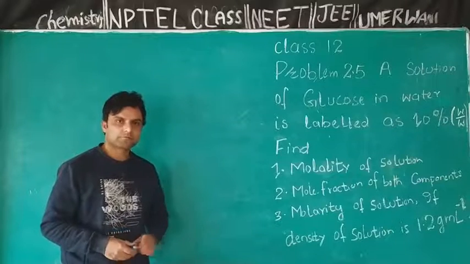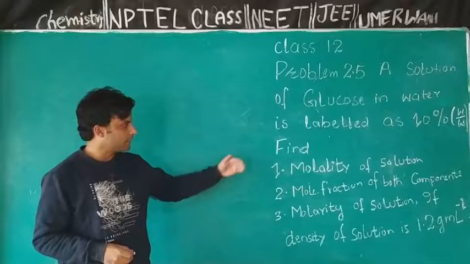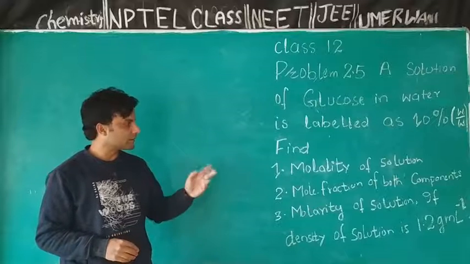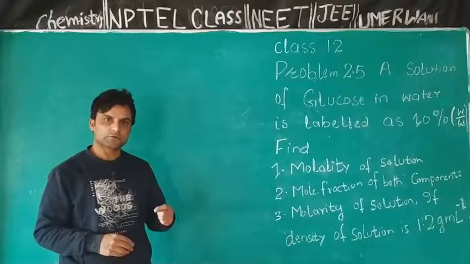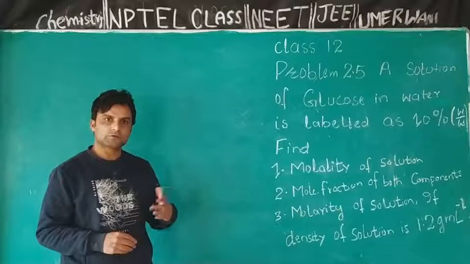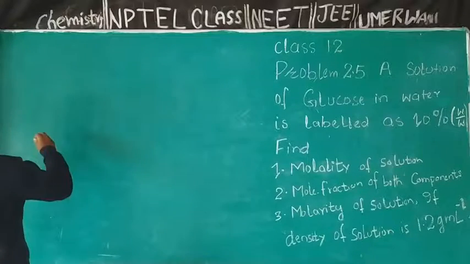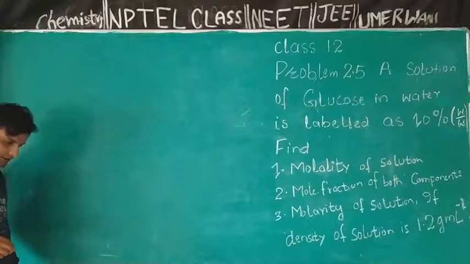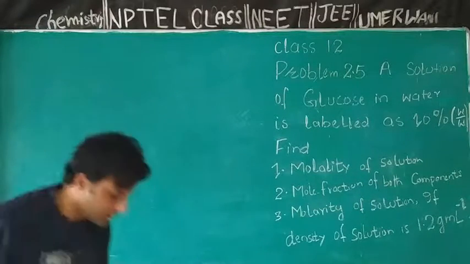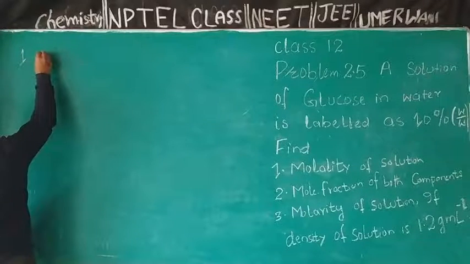The idea is that I need exact equations of molality, mole fraction and molarity that are related with given mass of solute, given mass of solvent, molar mass of solute, molar mass of solvent and volume of solution. And the actual equations are: number 1, for molality.